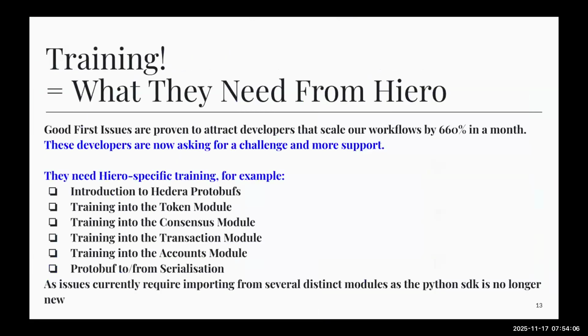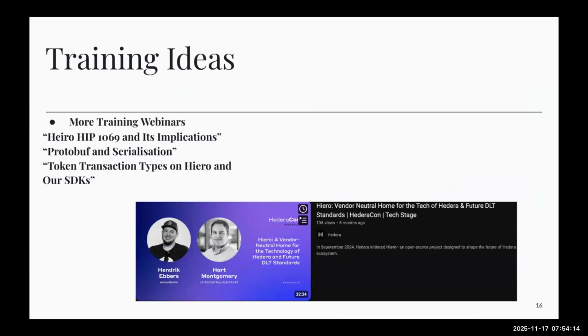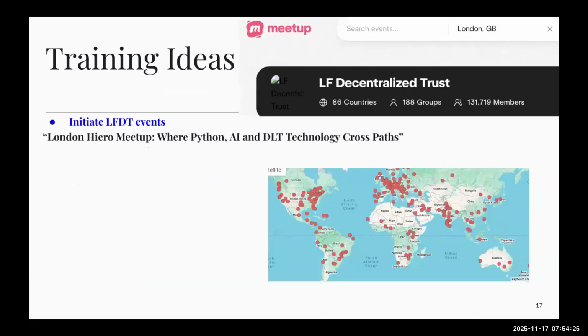And then I need help to train developers. So here are some ideas to do it. We could have more webinars with experts, such as protobufs and serialization, the importance to Hiero. We could do LFDT meetup events.